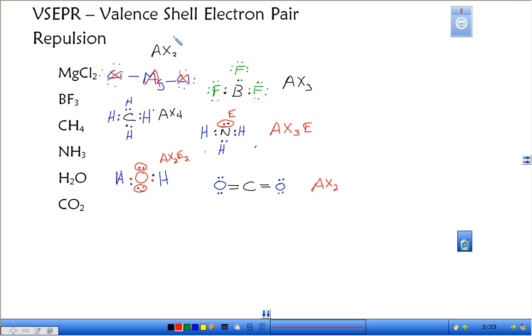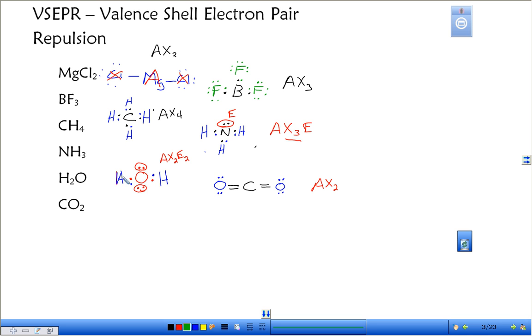If we look at the title here, valence shell electron pair repulsion, really we have 4 pairs of electrons repelling each other. But we identify the 3 atoms that are attached, so that gives us the X3. The last thing we need to identify is that pair of electrons on top. So we get an AX3E, and that E identifies that pair.